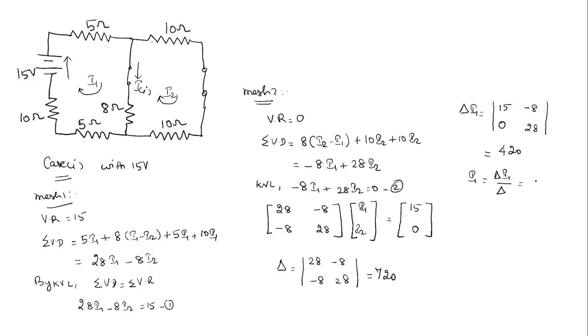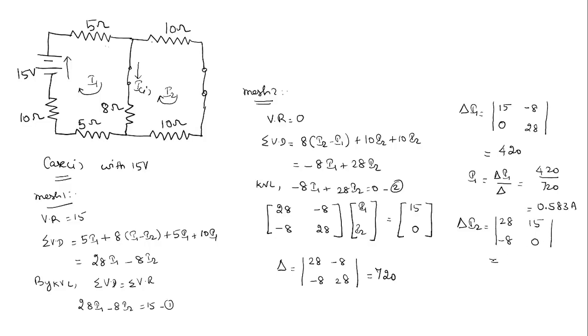Okay. So next I1 will be equal to delta I1 divided by delta. So 420 divided by 720. So this will be equal to 0.583 ampere. Similarly, we have to find out delta I2. For finding out delta I2, the second column should be replaced by the right hand side matrix. The first column will remain the same.